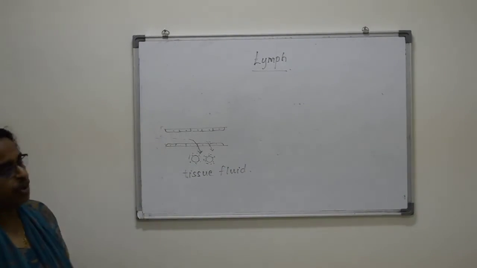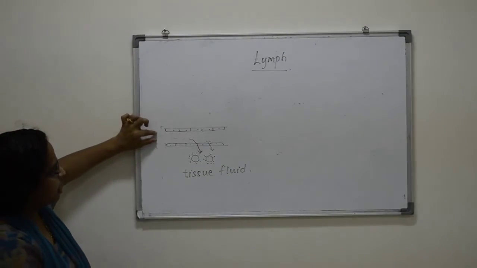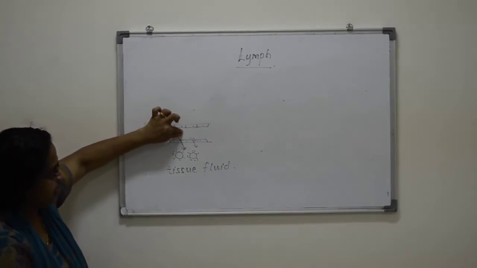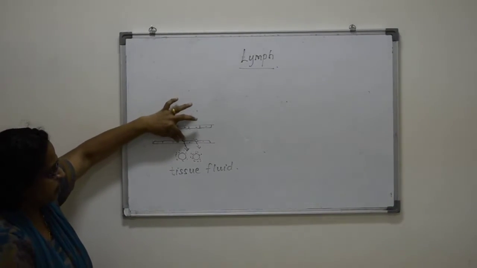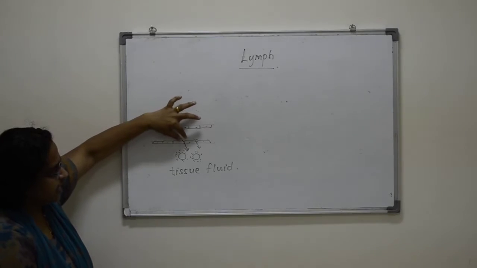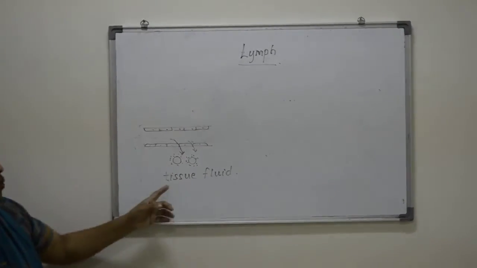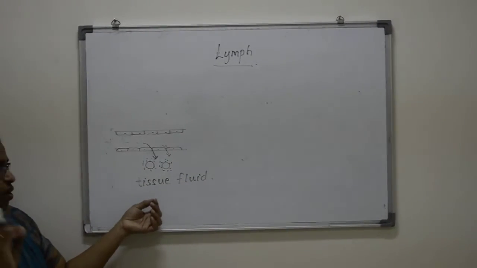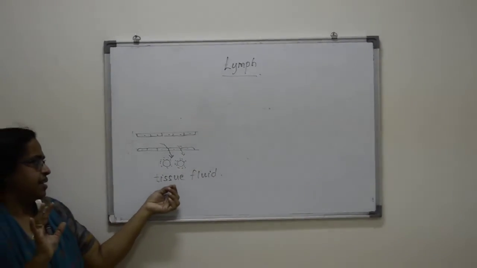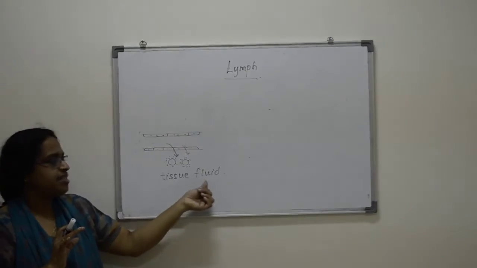So how is the tissue fluid formed? When the blood passes through the capillaries, some liquid part, the plasma, will leak out through small gaps in the capillary, which contains all the nutrients, oxygen, everything that is needed. And that fluid is known as tissue fluid.